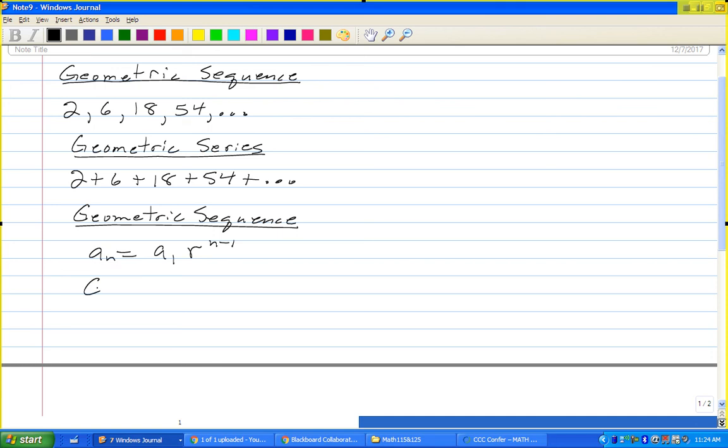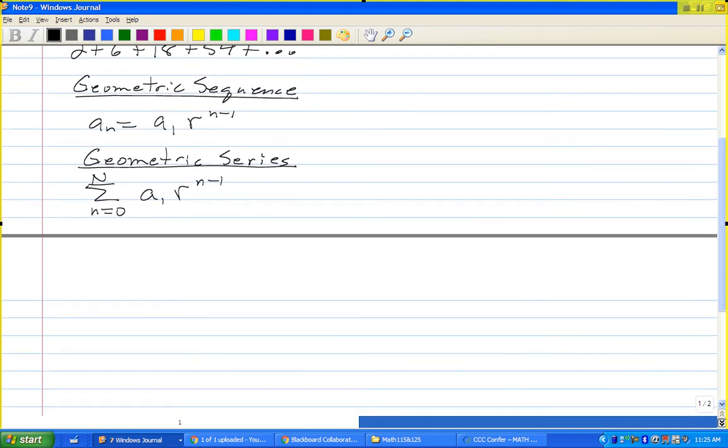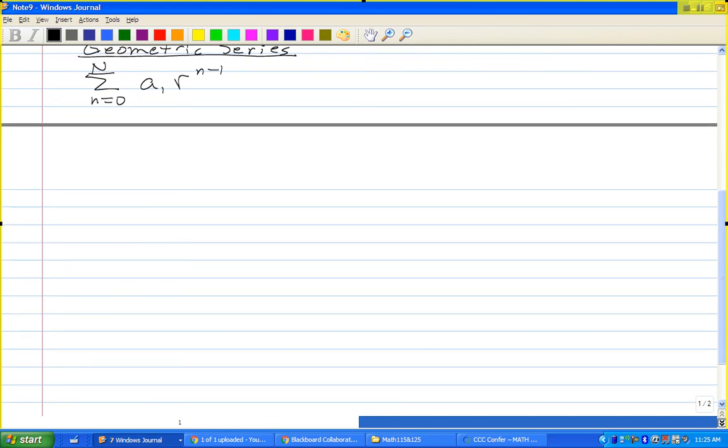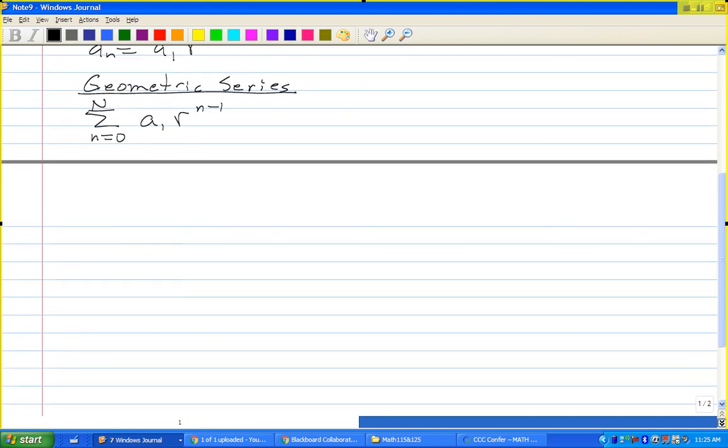And so a geometric series is a series of the form sum to n of a1 r to the n minus 1. So that is a geometric series. It's just some member of the partial sum sequence.